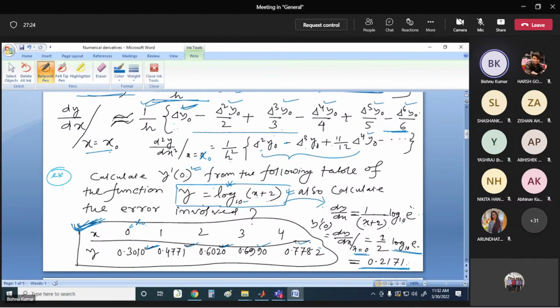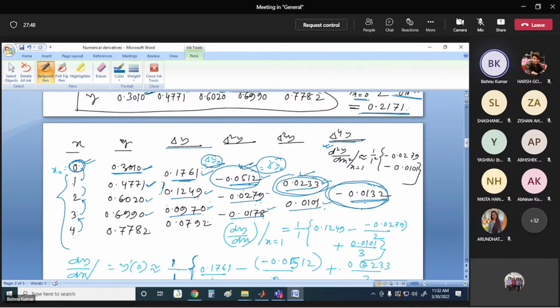Second difference minus third difference plus 11 by 12 fourth difference. So if I ask you to calculate d2y by dx2 at the first point, which term do I have to consider? My starting term will be the second difference, this is the first term minus this is the second term plus 11 by 12 this, isn't it?